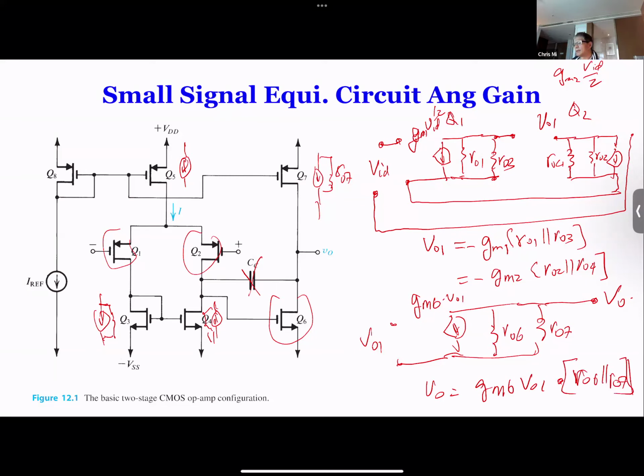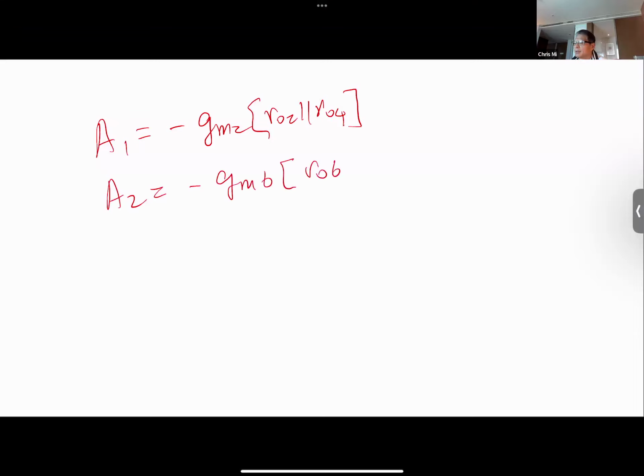Here you have this VO, and I forgot to label the VID or VI input, and here you have VO1. From here, we can get our two gains. Your first stage gain is GM2 times RO2 in parallel with RO4. That's your first stage gain. Your second stage gain is equal to GM6 times RO6 in parallel with RO7.